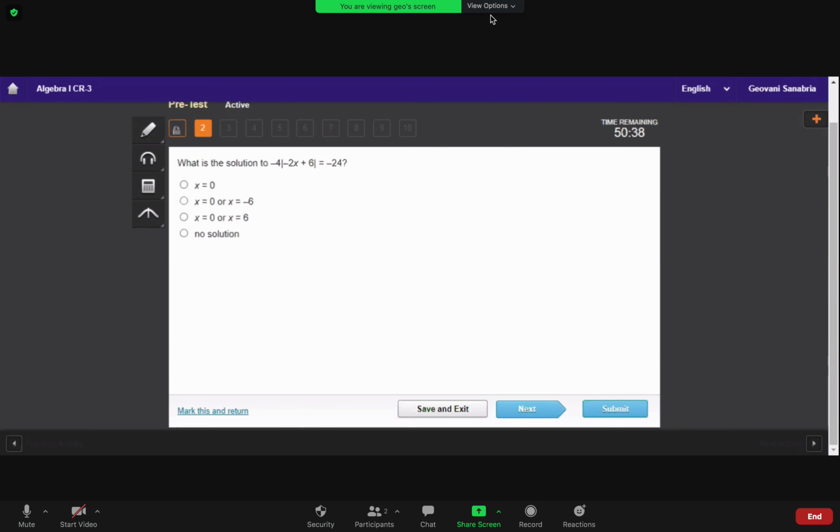Okay, and then the absolute value of negative 6 will be regular 6. And regular, it's going to be 6 times negative 4, equals negative 24. So, which one's the answer?